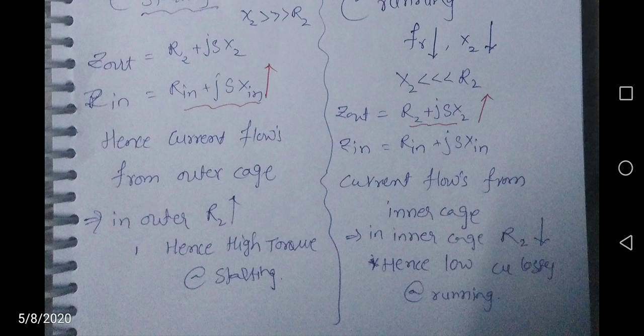Double cage rotor gives more torque than skewed rotor and squirrel cage rotor. If you want some extra torque, go for the slip ring induction machine.